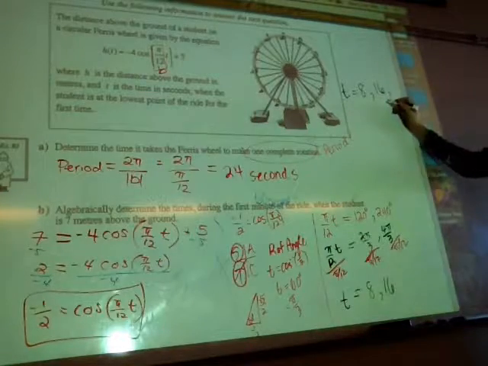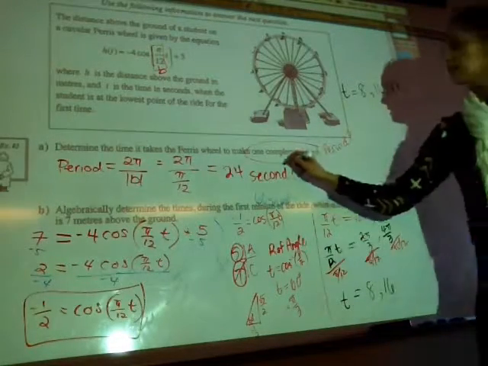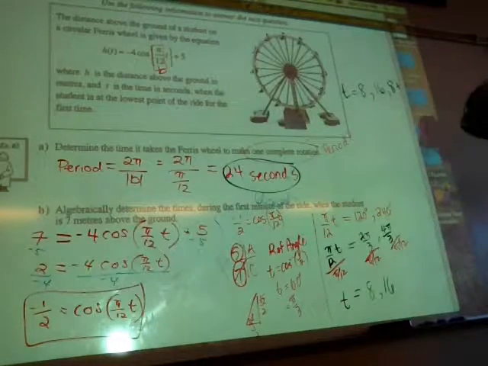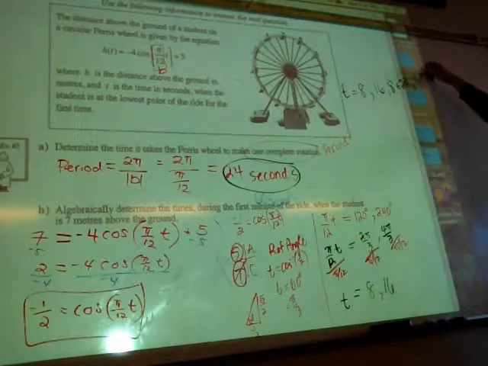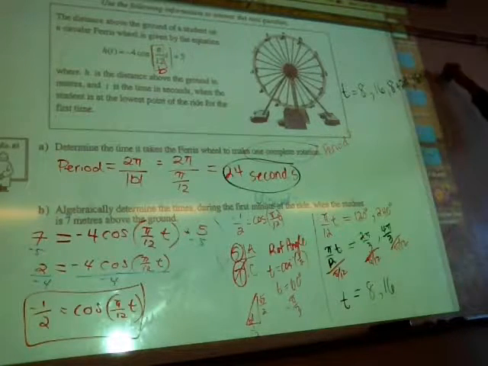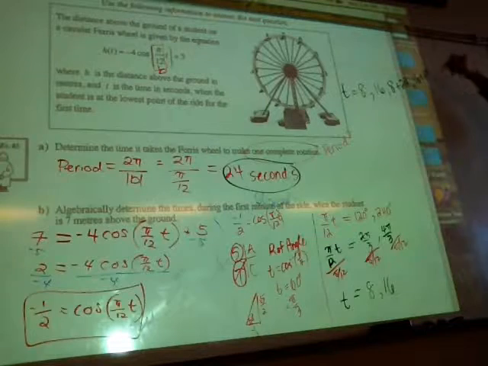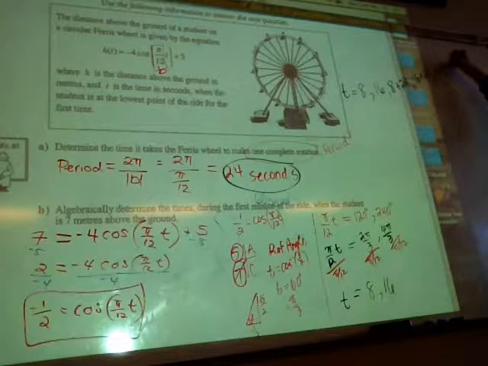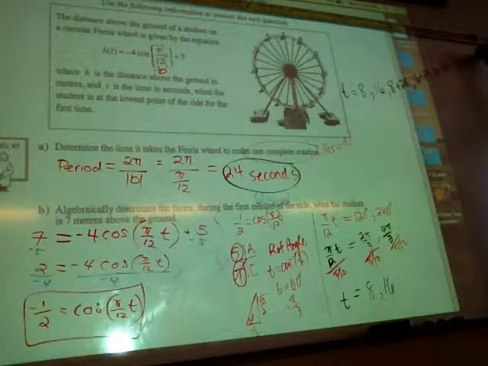To get my next solution, I would go 8 plus the period. The period was 24 seconds for one complete rotation, so 8 plus 24, and then 16 plus 24. Then let's go to the next set: 8 plus 2 times 24, and 16 plus 2 times 24.